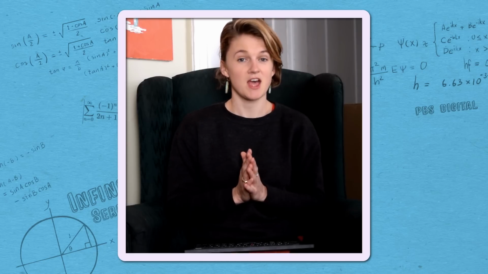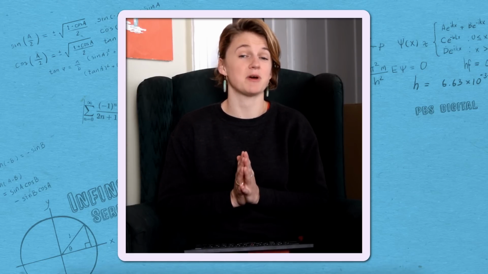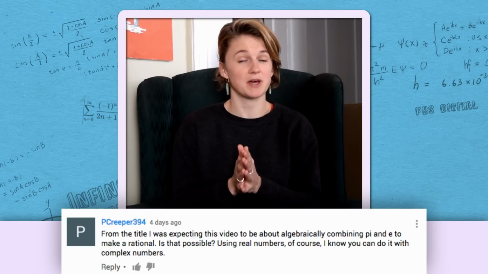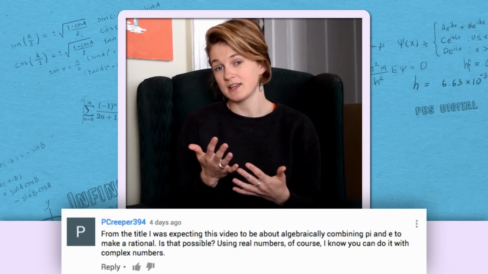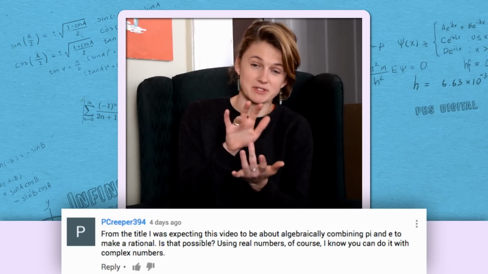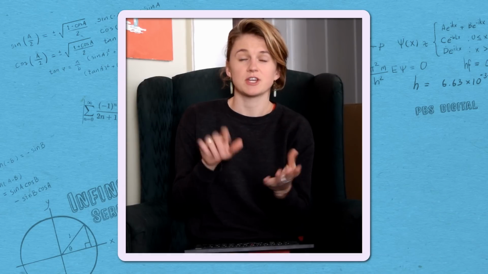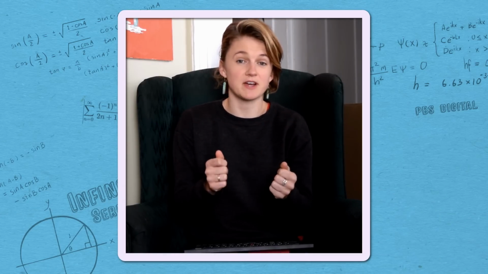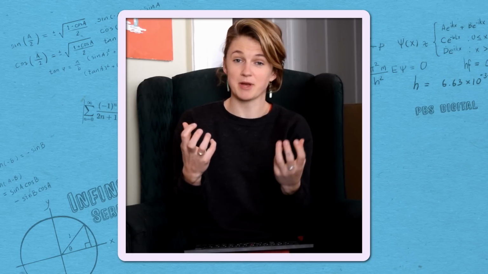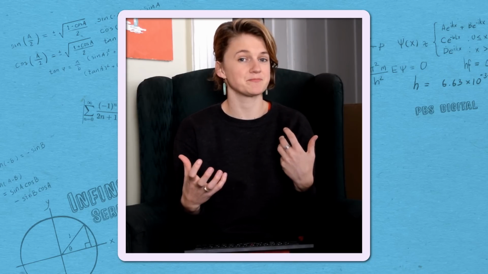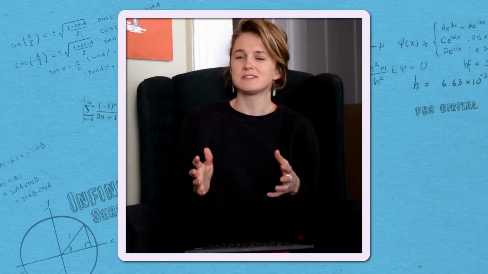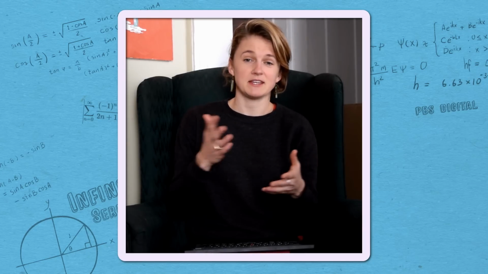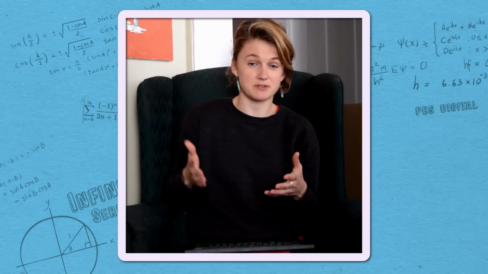All right. Lots and lots of folks ask about combining the digits of e and pi algebraically, instead of literally swapping their digits. So, can you add, subtract, multiply, divide the number e and the number pi to get a rational number? There's a couple cool famous examples, like e to the pi i plus 1 is equal to 0.